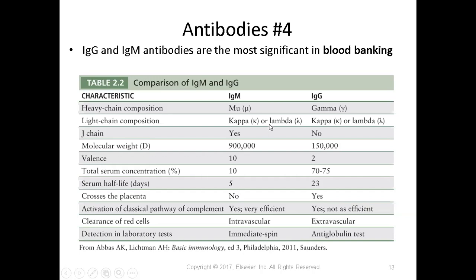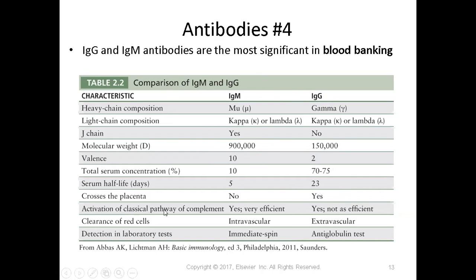Think, it's huge. It's a pentamer. It has 5 individual molecules going in to make it, so it's very, very large. I just think it's too big to cross over. However, IgG can, and thankfully it's able to, because that's how we can have passive immunity passed from mother to baby. So IgG, yes.